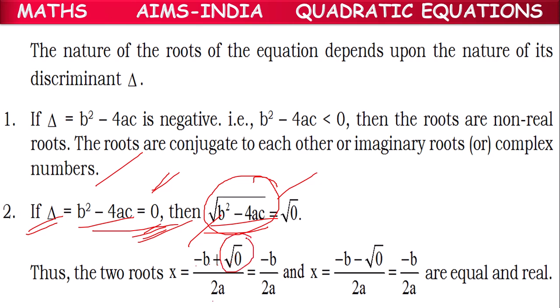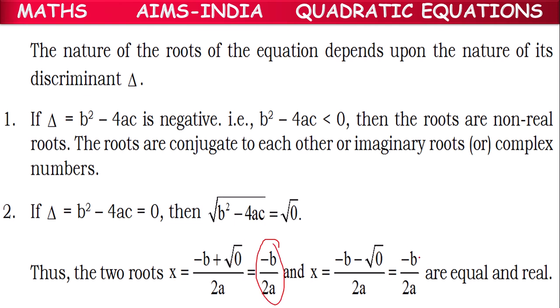Root 0 is nothing but 0, which is equal to minus b by 2a. Another value of x, minus b minus root 0, which is equal to 0, which is equal to minus b by 2a. So the first value is also equal to minus b by 2a, and the second root is also equal to minus b by 2a, which are real numbers.